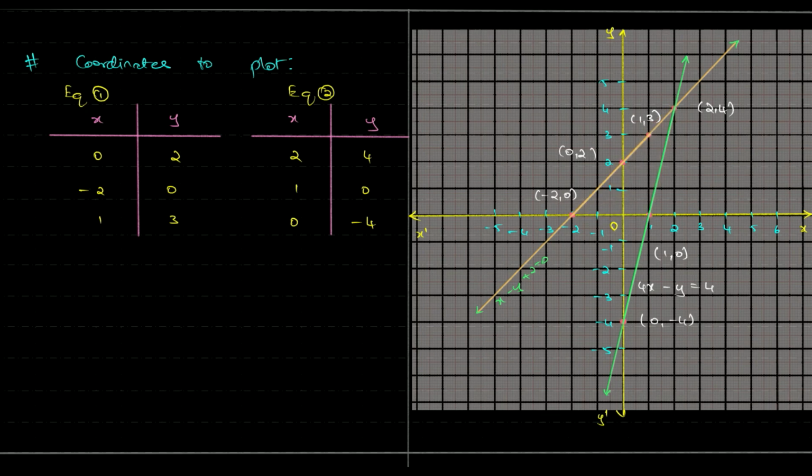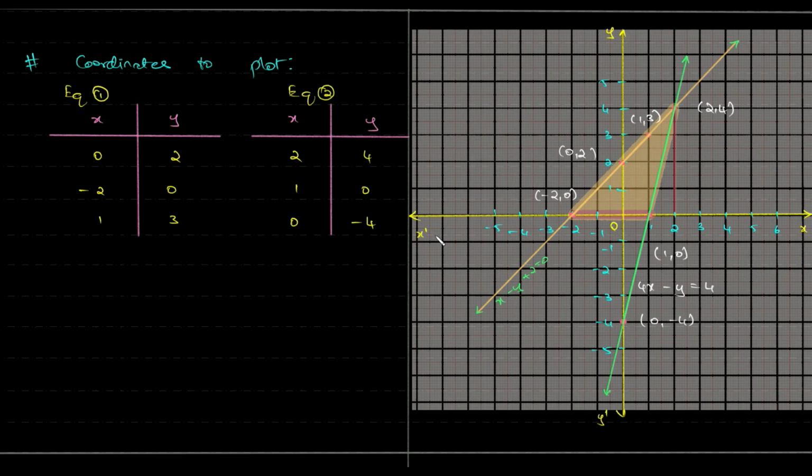How will we do that? Quite simple. We just have to find the length of the base. So this is the length of the base, and the height, something like this.